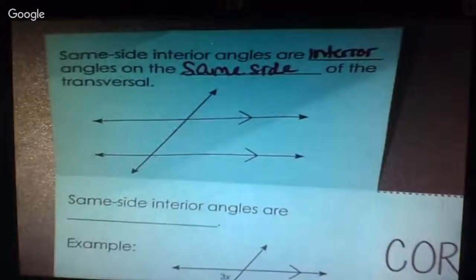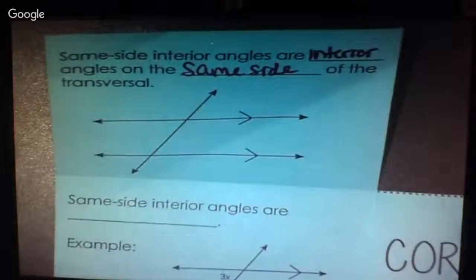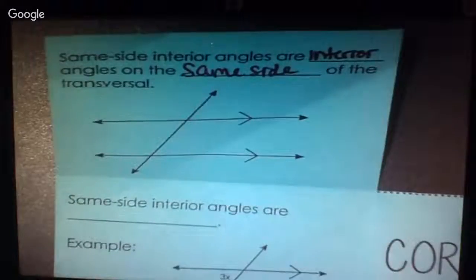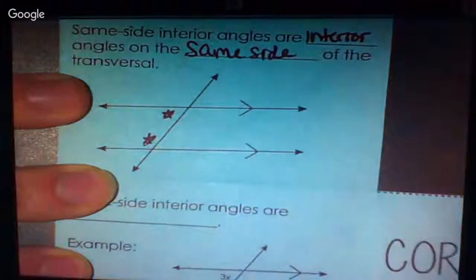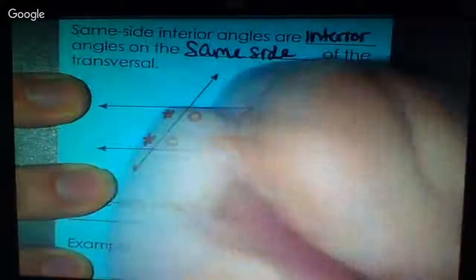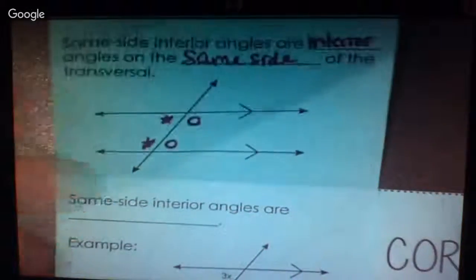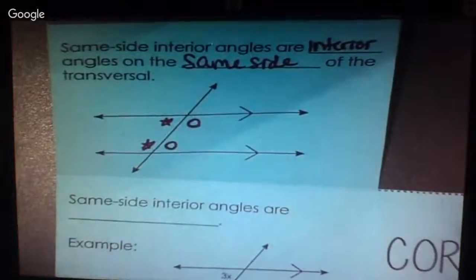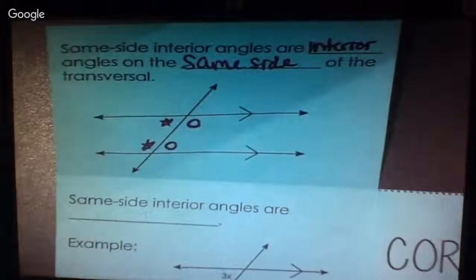So this time my transversal goes up and down. So my same side's either going to be on the left or on the right. Your same side interior angles can be this one and this one, they're both on the left, or this one and this one, they're both on the right. So 2 on the left, 2 on the right, and they have to be inside your parallel lines.